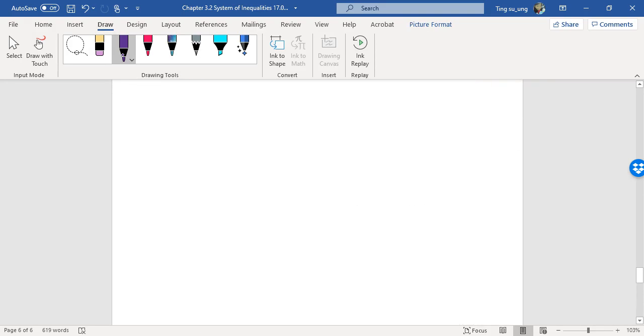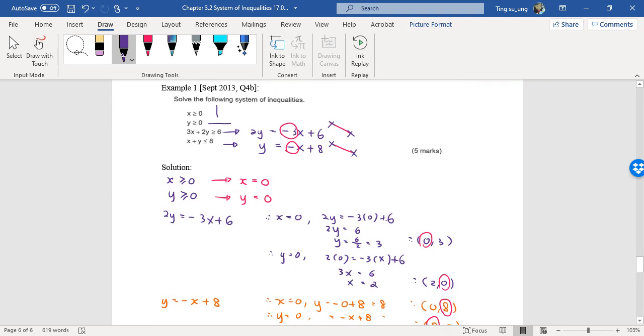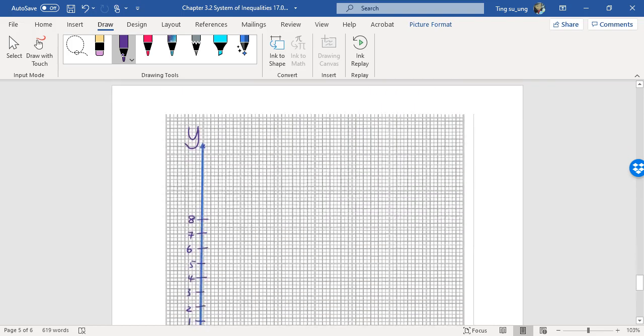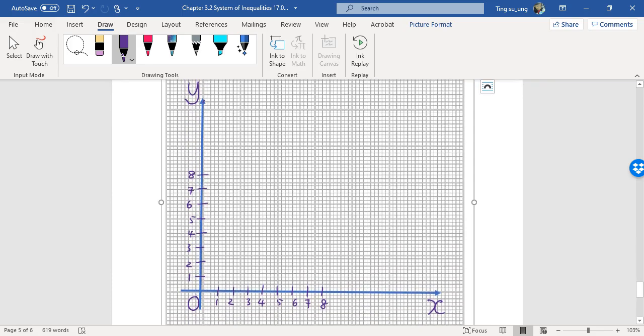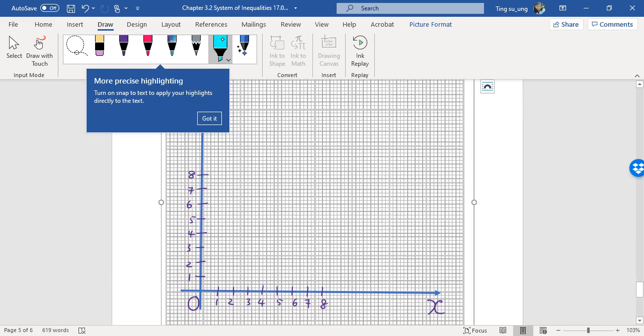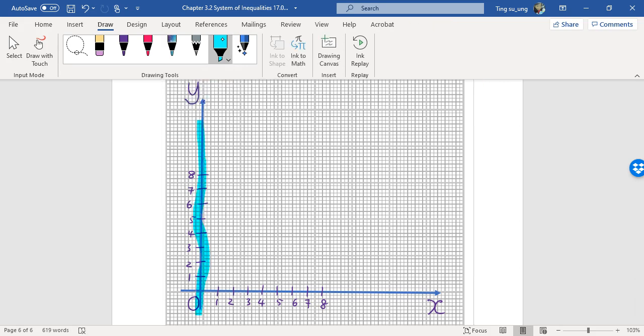So for the first equation, what is it? x equal to 0, right? y equal to 0, meaning where is your y equal to 0? Just use a highlighter first. So y equal to 0, x equal to 0. So y equal to 0 is this part. Am I right? Okay. So after that, x equal to 0 is this part.